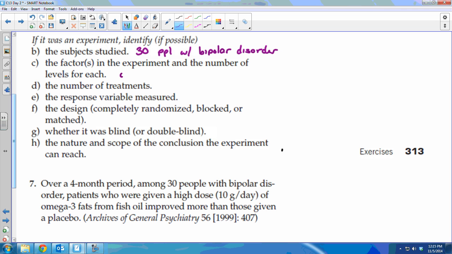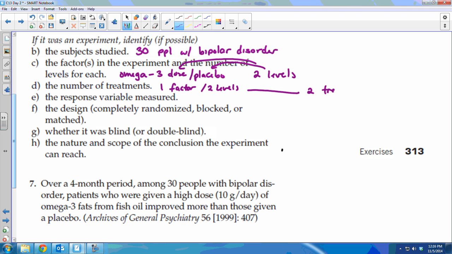The omega-3 dose, right, versus a placebo, right? And so there are 2 levels, and those are the 2 levels, right? The factor you could just say is the pill being given if you want. So since there is 1 factor and 2 levels, then how many treatments are there? 2 treatments.